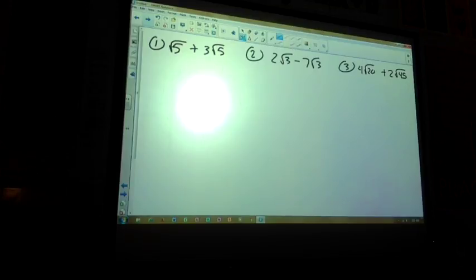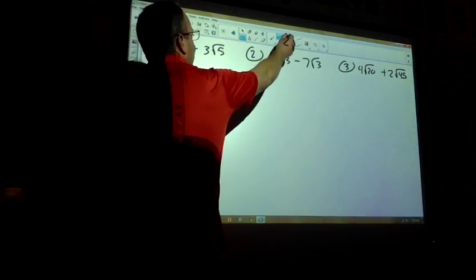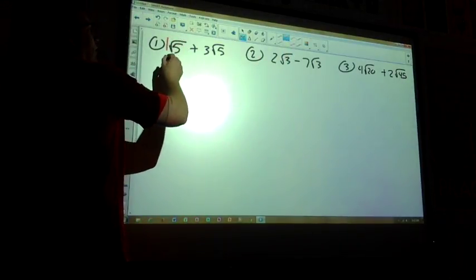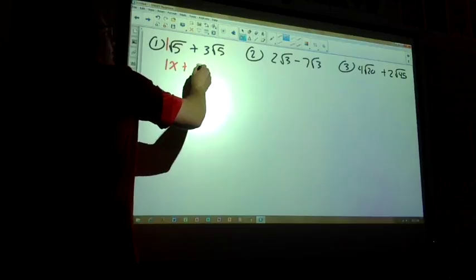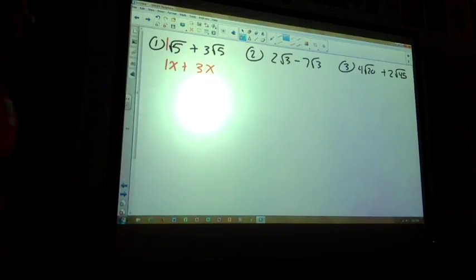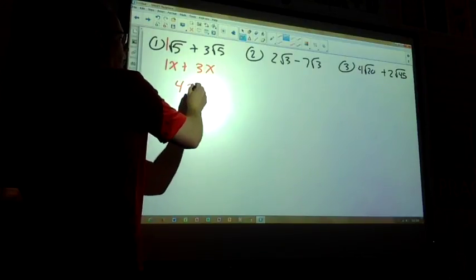I'm scared. All right, these are the first three problems from our homework. So, problem 1 and 2, they have the exact same radical that you're dealing with when you are adding or subtracting. So the nice thing about that is you treat the radical as like an x. So this is basically the same type of operation as this, where if you were to add these together, you'd get 4x.